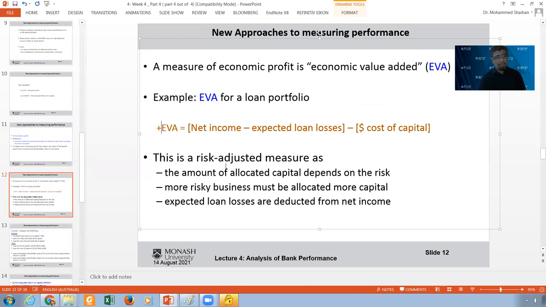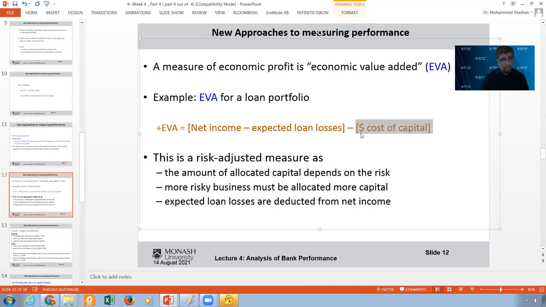This is a risk-adjusted measure, because now look, when you take the net income and you take the expected loan losses, these expected loan losses are according to the risk of those loans, and then you deduct the cost of capital, because more risk needs more capital.